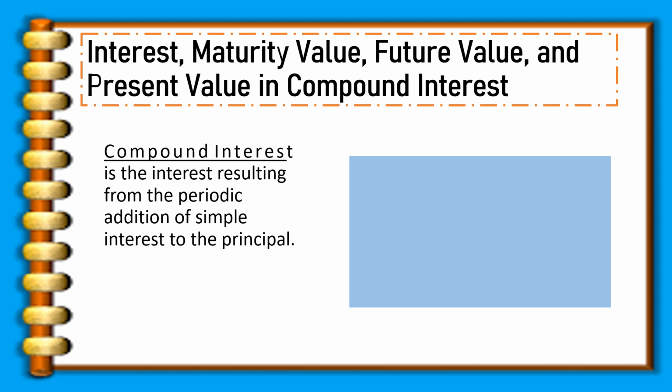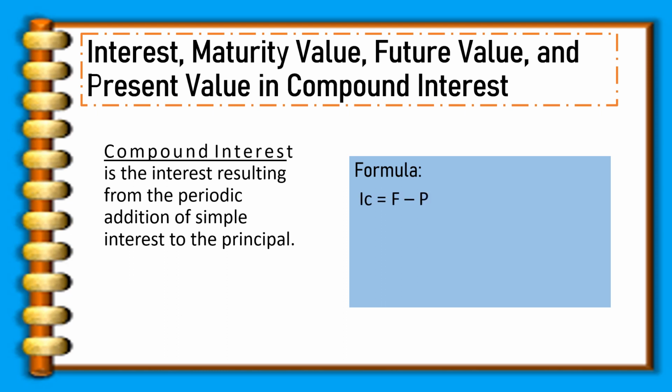The effect of converting interest to principal is that the interest earned in a period will also earn interest in all succeeding periods. So let us have the formula for compound interest.